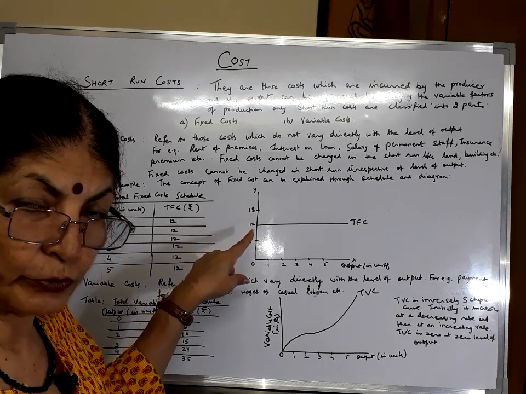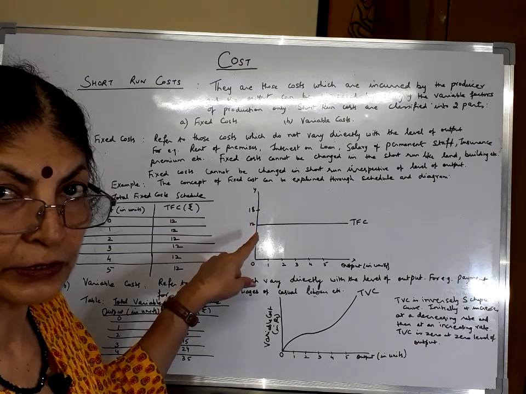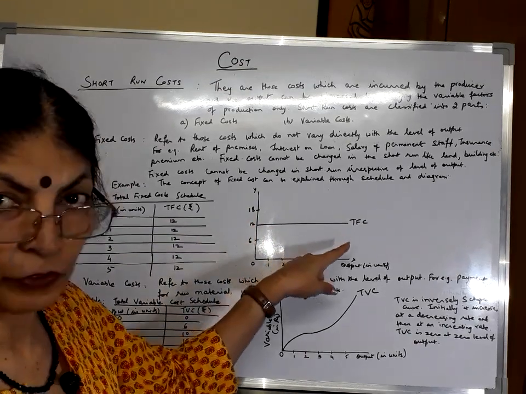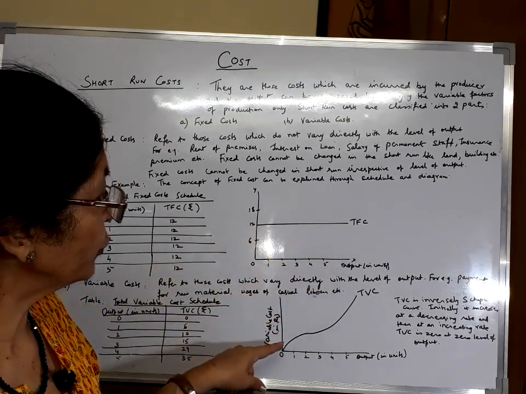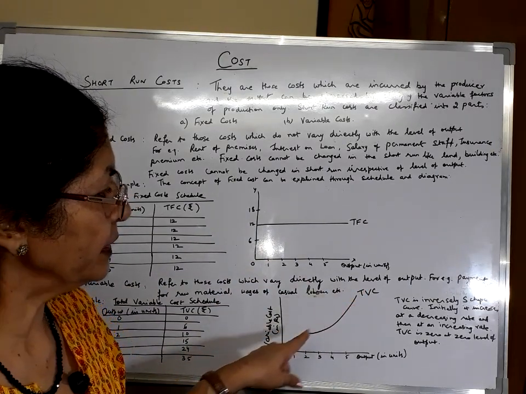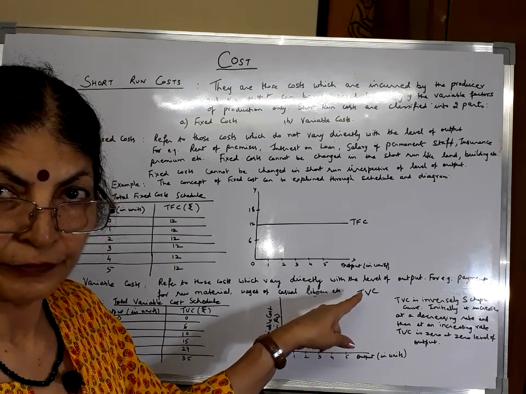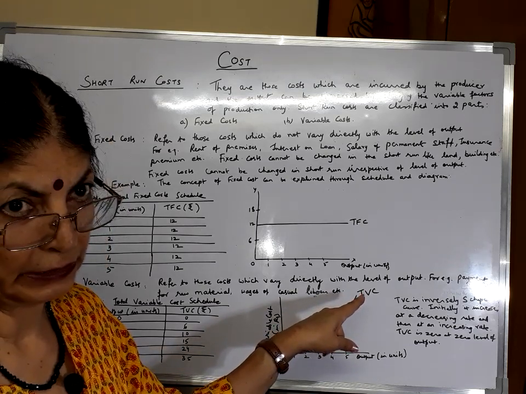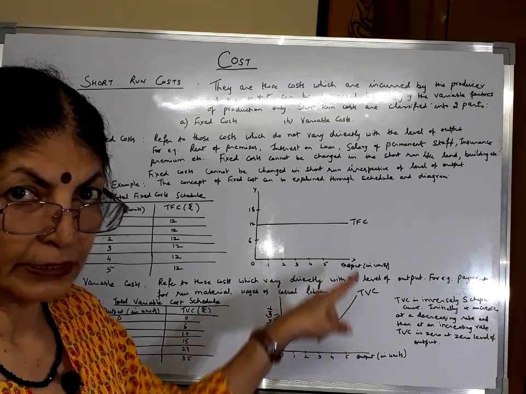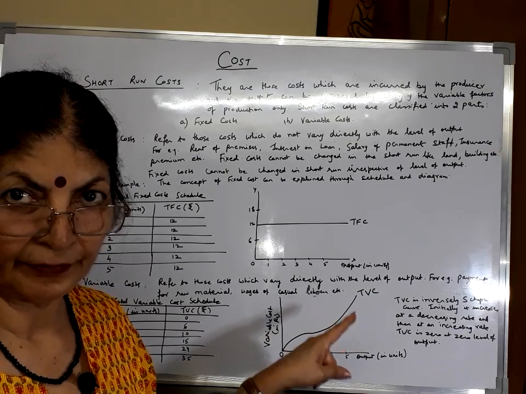Even if you are producing 0 unit of output, you will have to incur 12 rupees as cost. So your TFC curve is a horizontal straight line, whereas your TVC curve is in this shape. TVC is 0 at 0 level of output and tends to rise as output increases. So this is the basic difference between TFC and TVC. Very good.